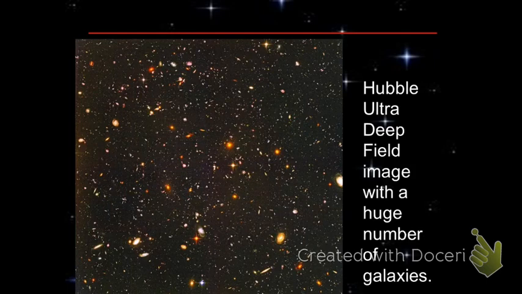Hubble. Hubble was an astronomer. He designed a whole range of things, but he had something very special named after him, and it's this telescope. He had a telescope, it was built, and it's actually sitting and orbiting around the Earth.